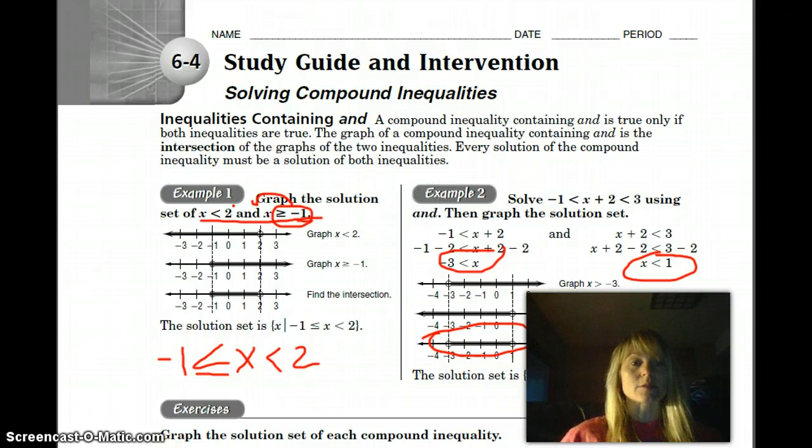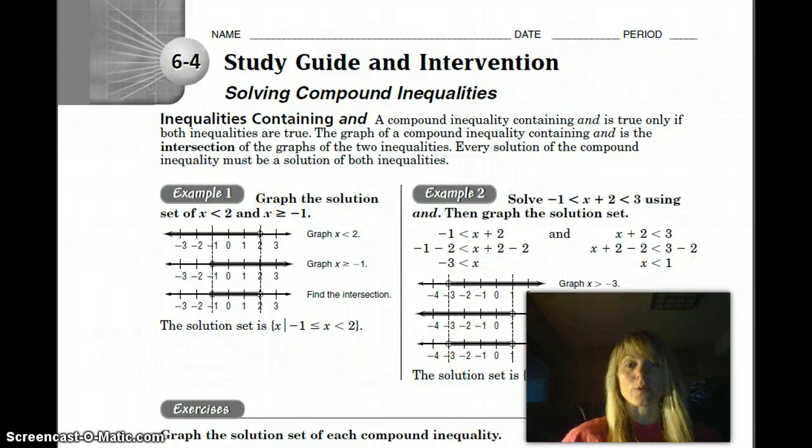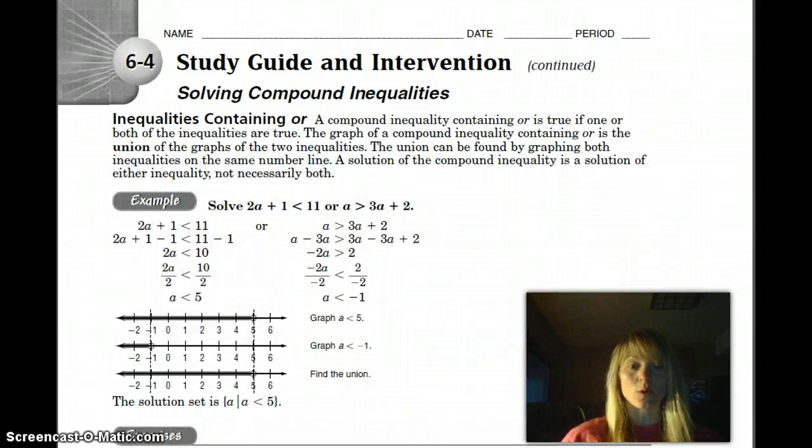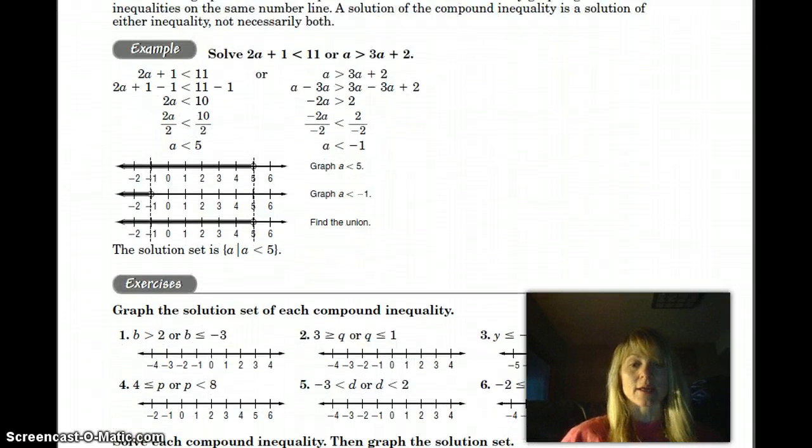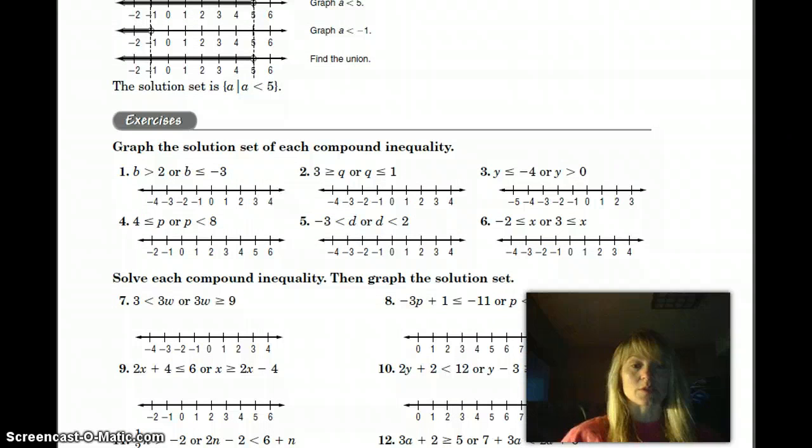Now, tomorrow, we are going to do what we call compound inequalities for or, which means it's one or the other. It's not between 2 points. It's beyond 2 points, okay? So if we look at these equations right here, they're actually quite simpler.